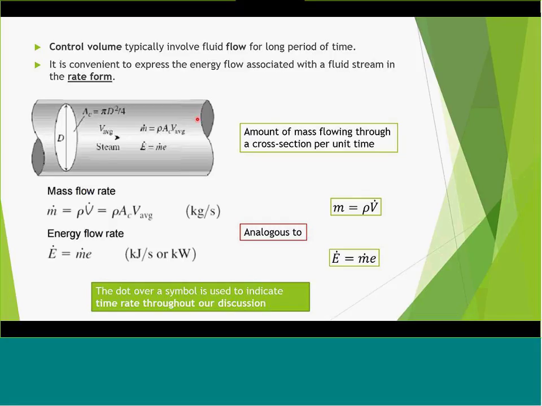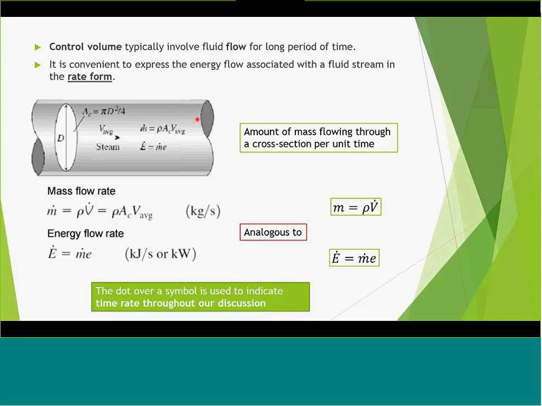Okay, so under the control volume, when you have a closed system, you're also going to have a closed control volume. Typically it involves fluid and gases for a certain period of time. You can see our refrigerator system is associated with the flow of the fluid in the system.